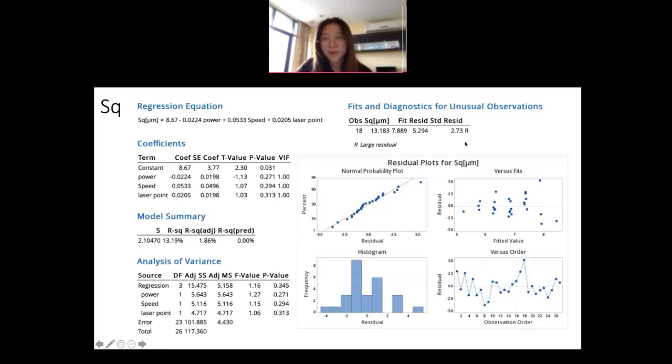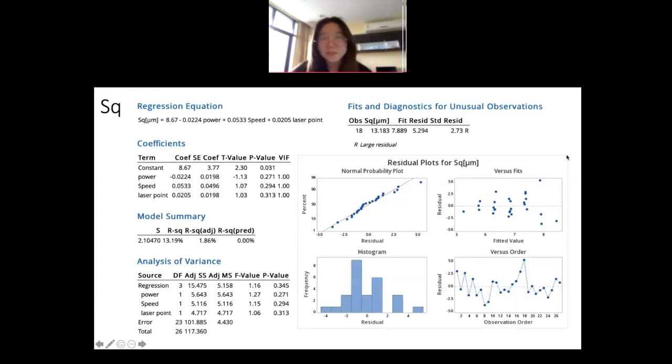What I want to mention here is the residual plot. If you look at the second plot, versus fit, it is bouncing around 0. And the normal probability plot has a trend line. That's what I want to talk about.